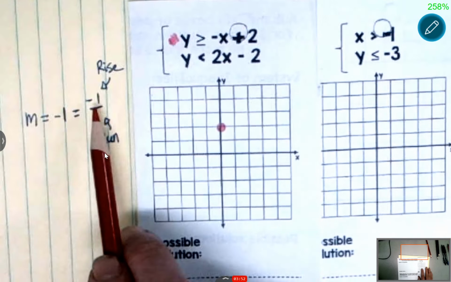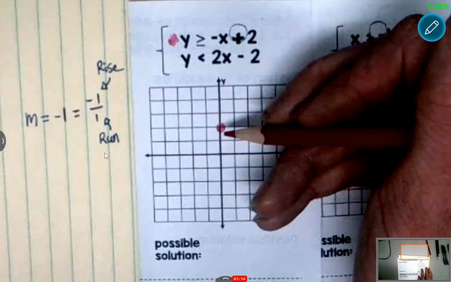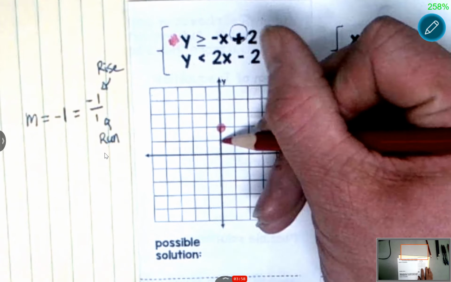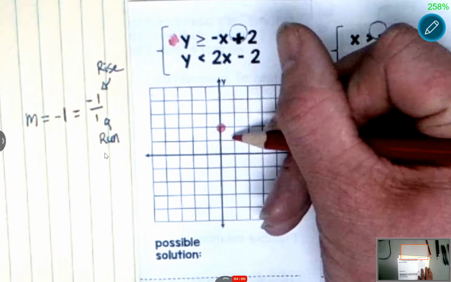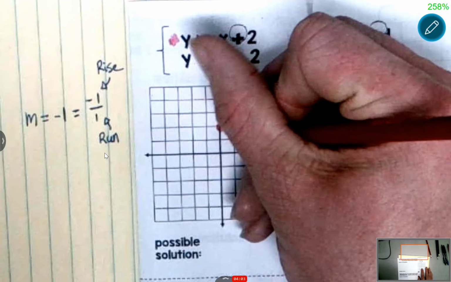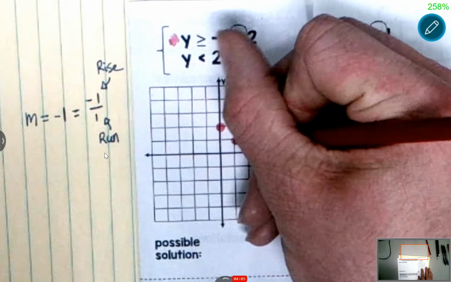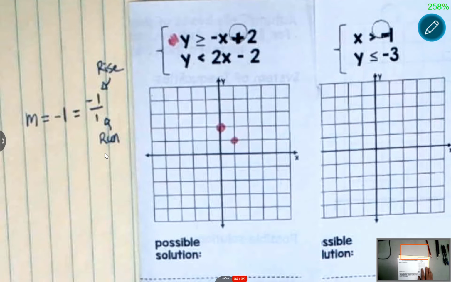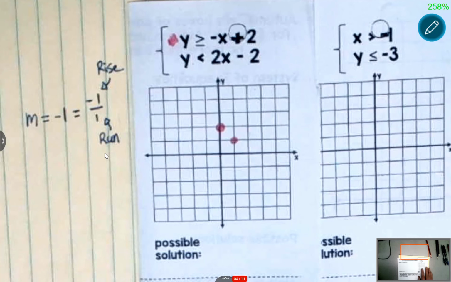So because my rise is negative 1, I'm going to go down 1. Because my run is positive 1, I'm going to go right 1. Down 1, right 1, and now I have my second point. And we're going to continue this process, and I highly encourage you pay attention for how we graph these points, because you will be asked to graph on your own in a second.